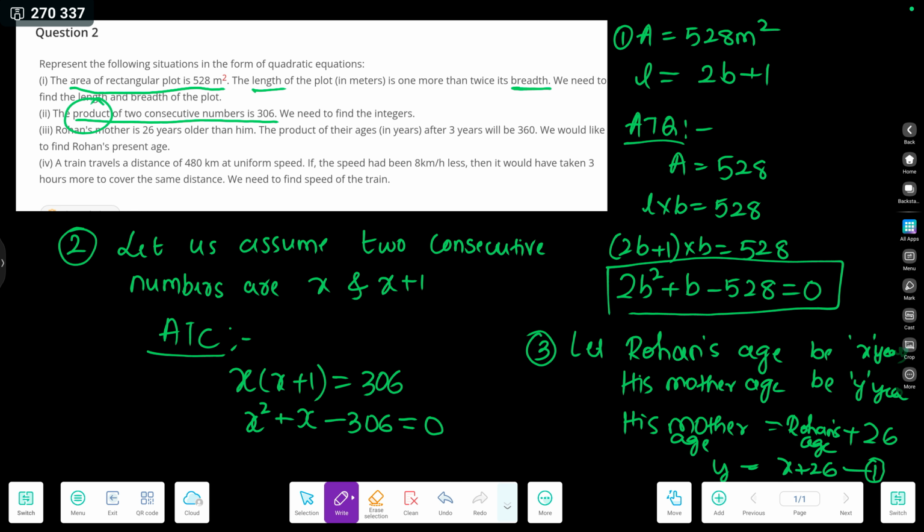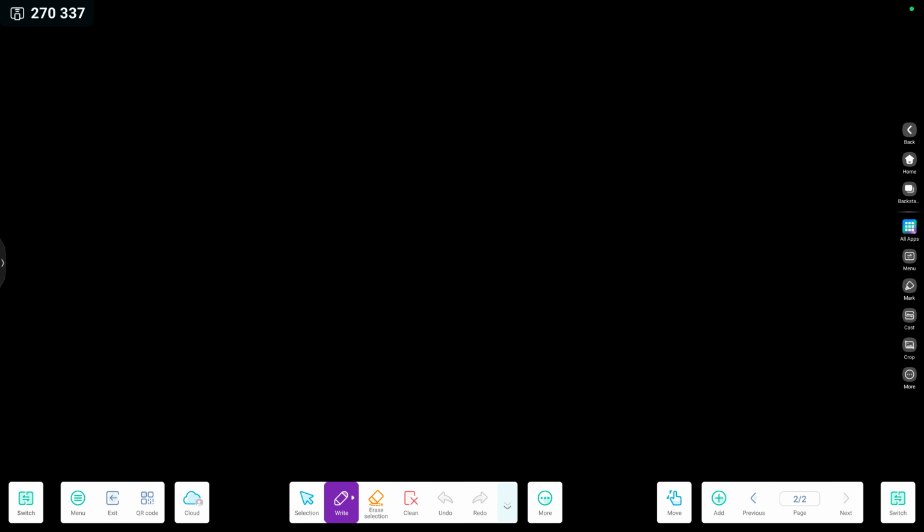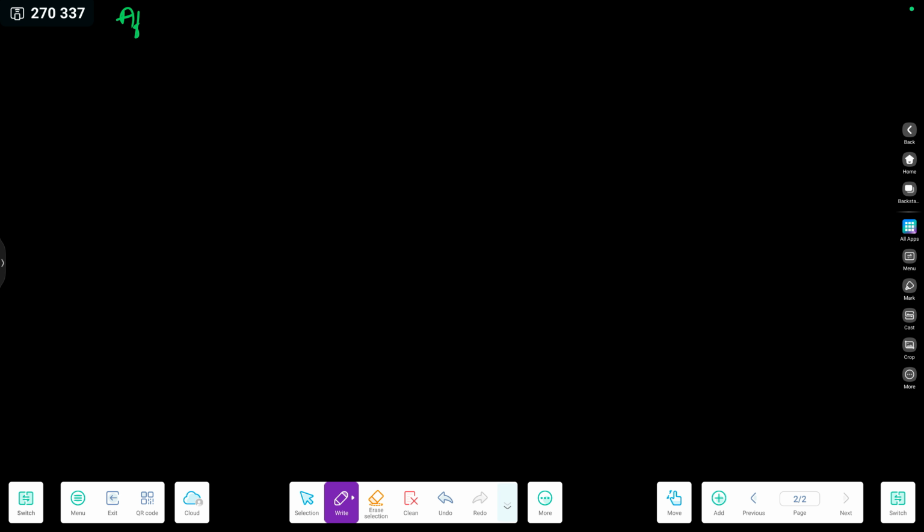What is the next condition? The product of their ages after 3 years. First find out what the ages will be after 3 years.